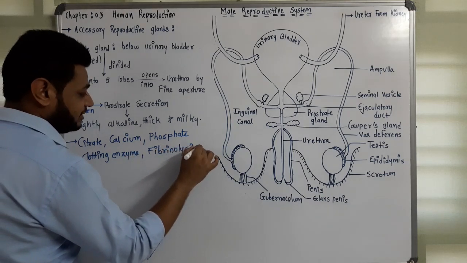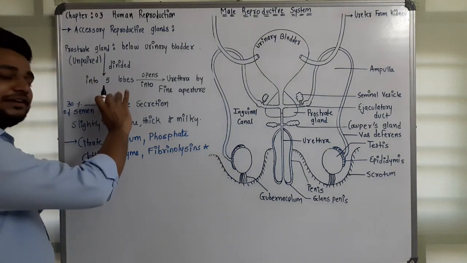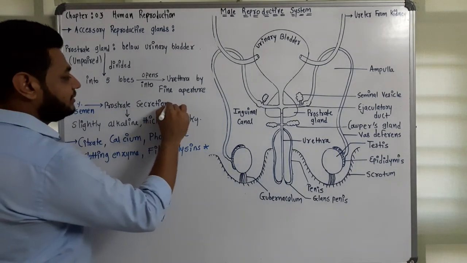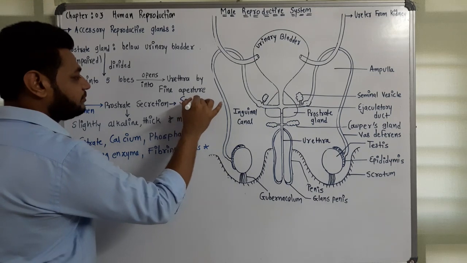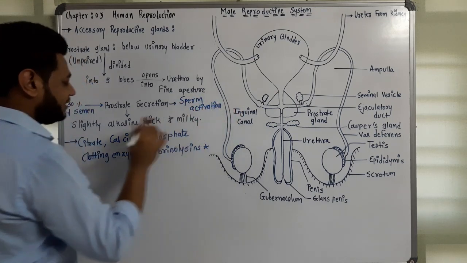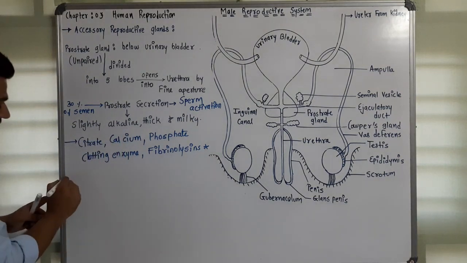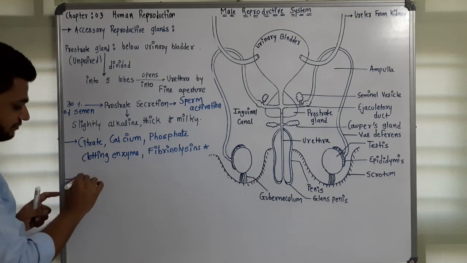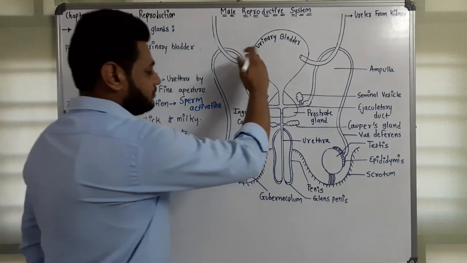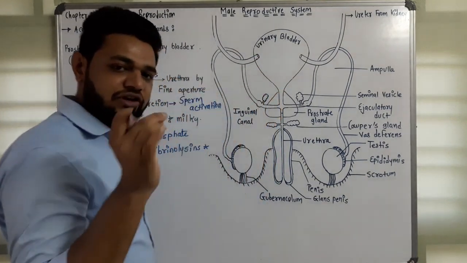This is very important. The prostate secretion is helpful in sperm activation. It is a slightly alkaline, thick, milky liquid. Now what happens? Sperm will travel through the vas deferens, and with it, seminal fluid will join.